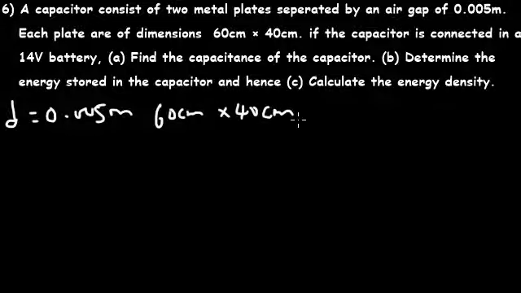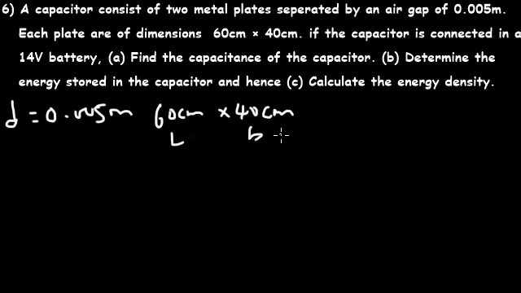When you're given dimensions like this, the first value is always the length, the next one is always the breadth. If it's up to 3, then the last one will be the height. We know that area in geometry is simply the product of length and breadth. But both are in centimeters, so we need to have them in meters.